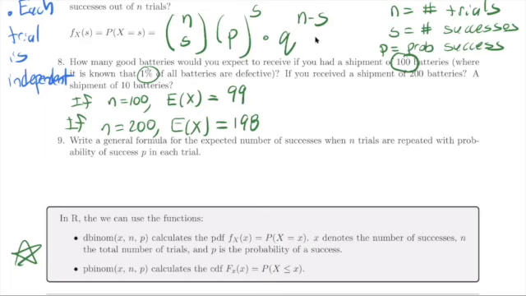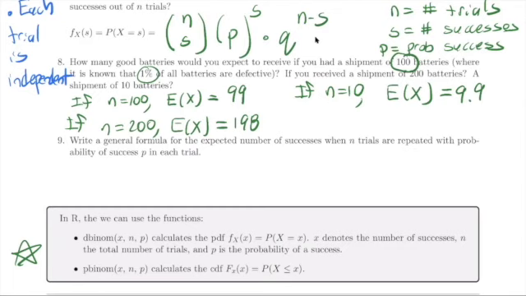So in our case, we had 10 batteries. In a shipment of 10 batteries, how many of them would you expect to be good? 9.9. That's right. You hesitated maybe because you're wondering how can you get 0.9 of a battery? But that's okay. These expected values tell us on average how many good ones we should expect.